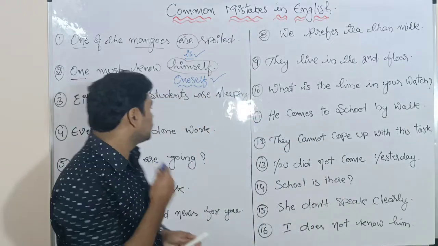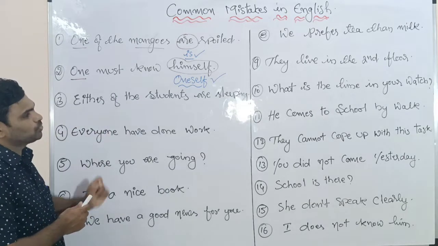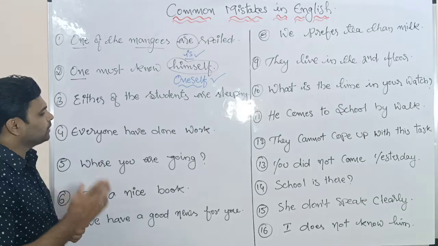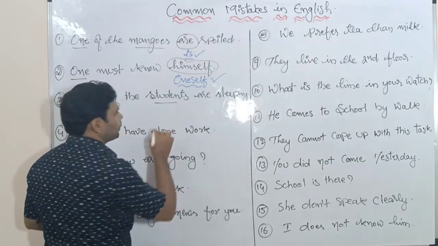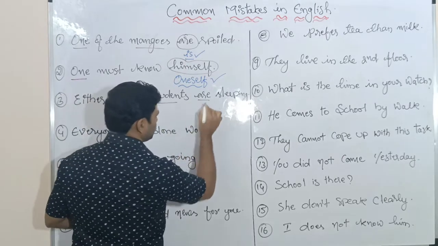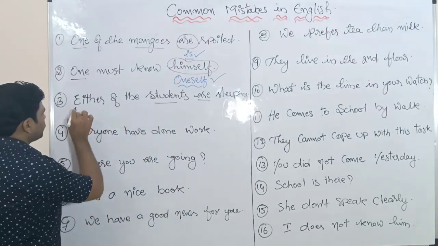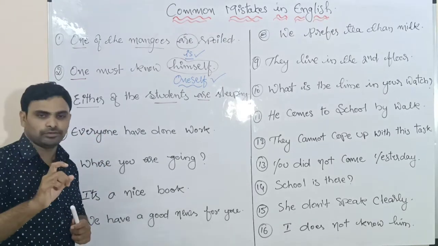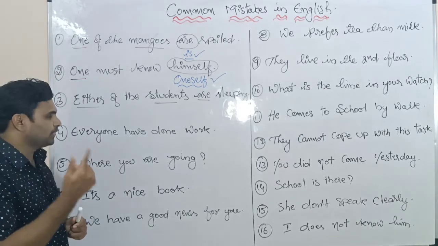The third one goes like this. Either of the students are sleeping. Now again, many times people think students is plural, therefore are. No. Whenever we use the word either, it means one of two, not many.